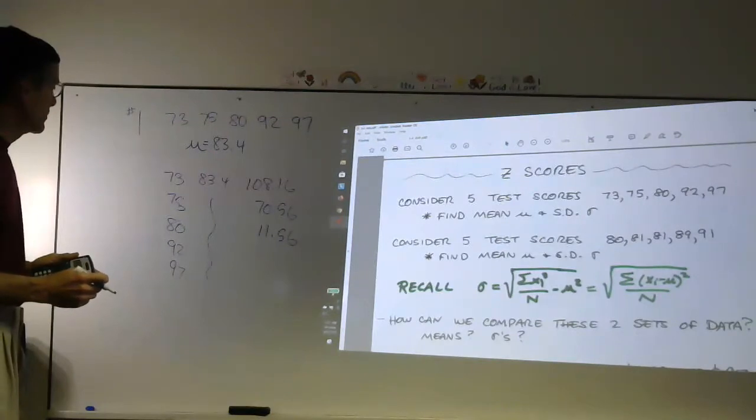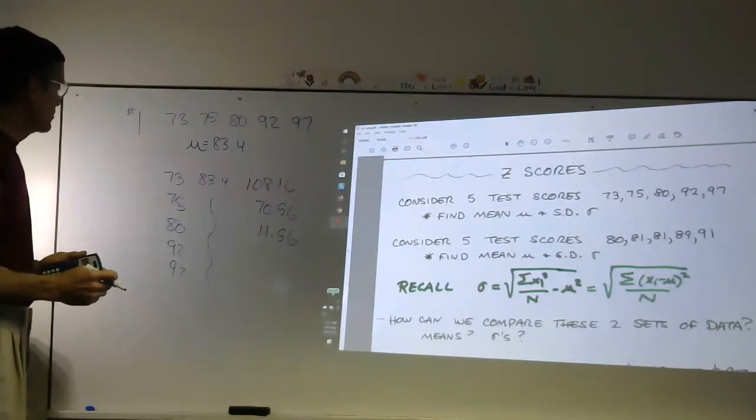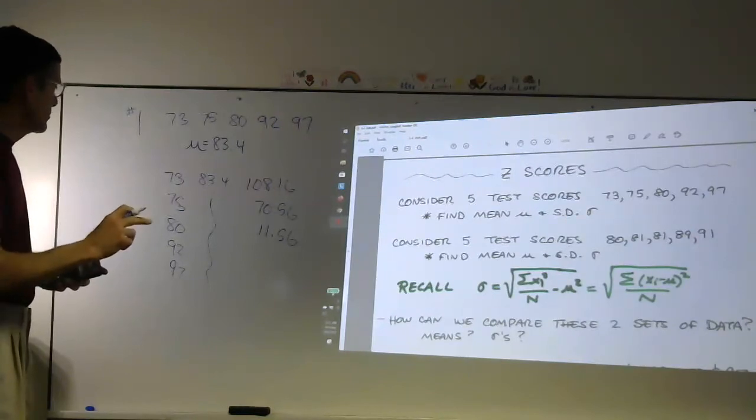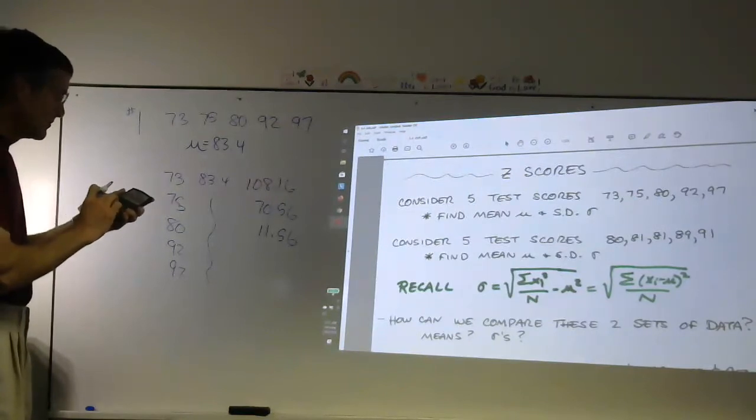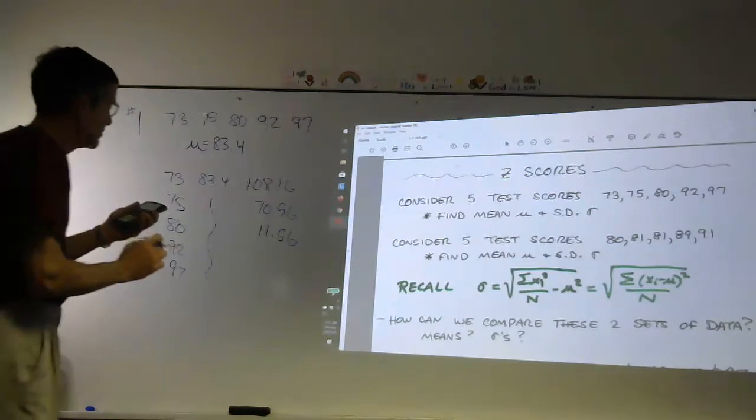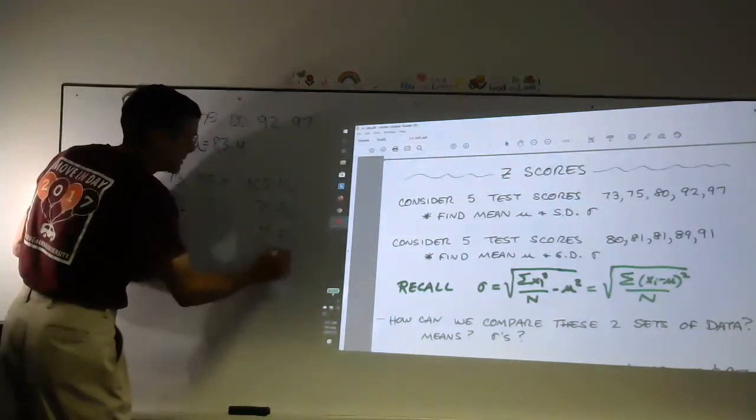See if I can do this without messing it up. Should be 8.6, I think. Yeah, 8.6. So 8.6 squared is 73.96.